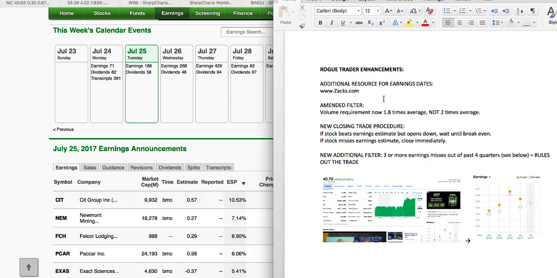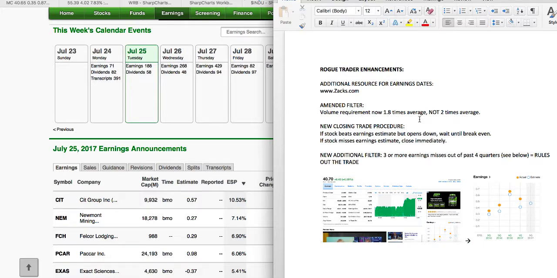So I'm going to change that now to be a little bit more generous, and the volume requirement is now 1.8 times the average volume, not 2 times. I found that putting that in there gives us a few more opportunities without sacrificing quality. So that's the amendment to the filter: it's 1.8 times the average, not 2 times.